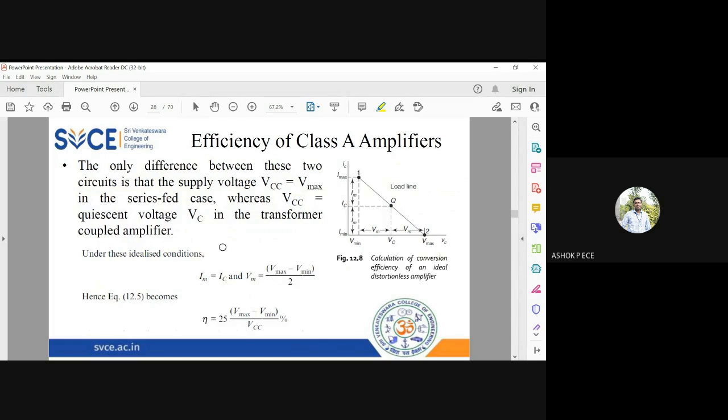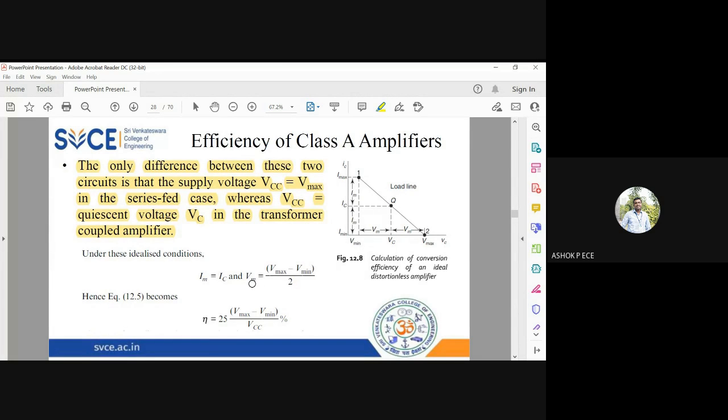Under ideal conditions, your VCC will be Vmax. The maximum output voltage will be equal to VCC, and the minimum output voltage will be equal to 0. V minimum is close to 0.